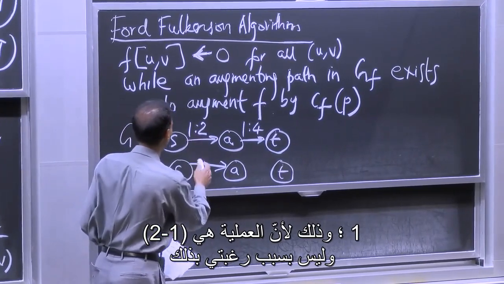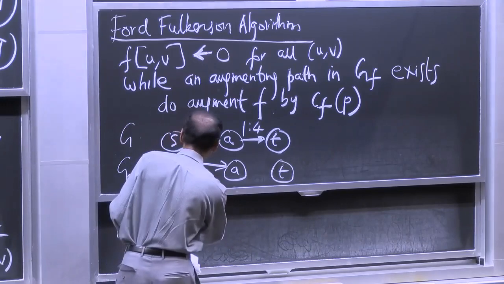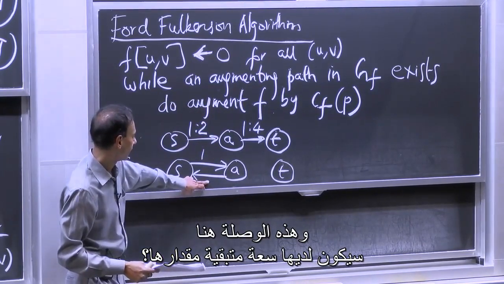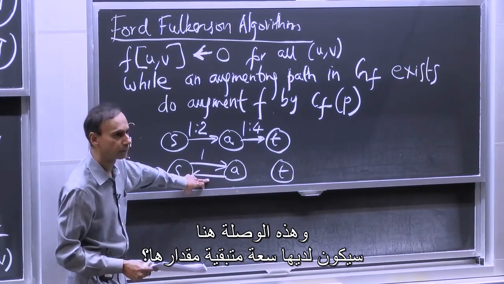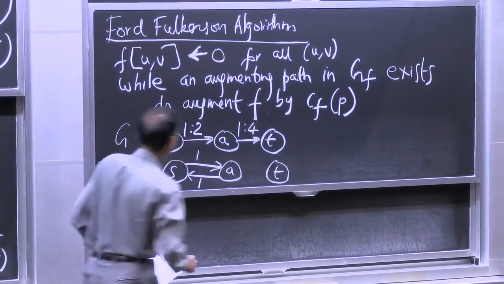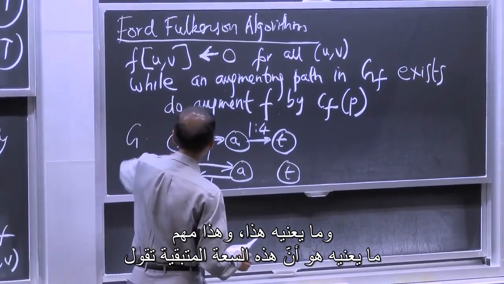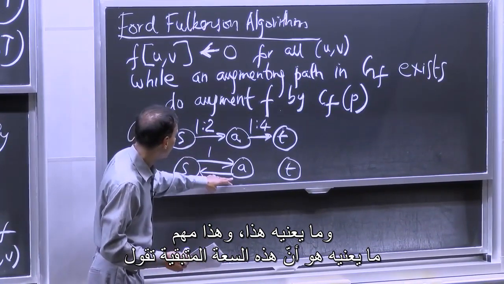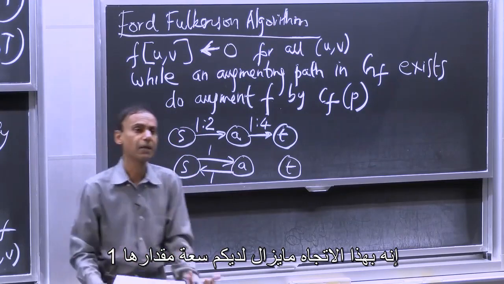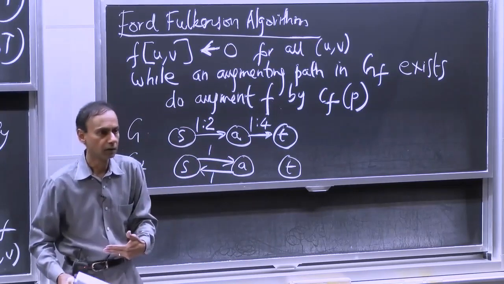1. And that's because it's 2 minus 1, right? Not because it's just plain 1. This edge here is going to have a residual capacity of 1. And that just comes directly from that 1, right? And what that means, and this is important, is that in effect, this residual capacity says, in this direction, you still have a capacity of 1, which means that in this direction, you can reduce by 1, okay?